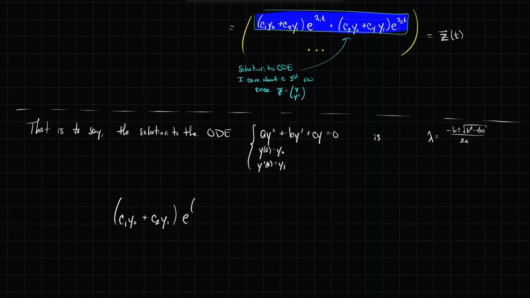So e to the negative b plus the square root of b squared minus 4ac divided by 2a t, and then plus c2 y0 plus c4 y1 times e to the other eigenvalue, negative b minus the square root of b squared minus 4ac, all divided by 2a, and then t. This is my solution, y evolving over time.